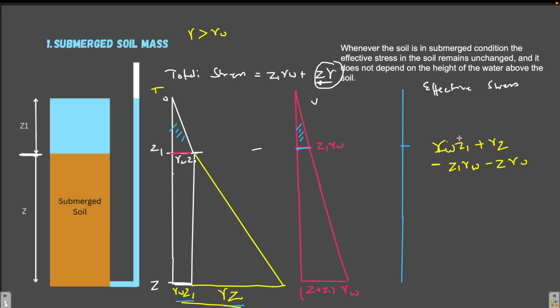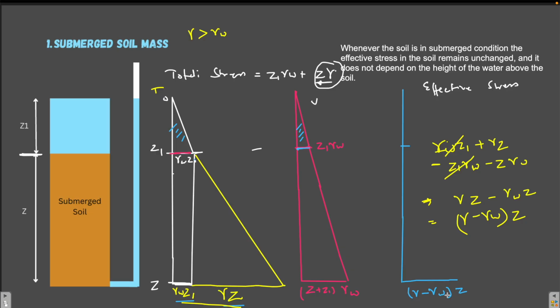If we subtract these two terms, they will get cancelled out, and we'll be left with gamma into Z minus gamma W into Z. So that will become gamma minus gamma W into Z. The pressure at the bottom will be gamma minus gamma W into Z.